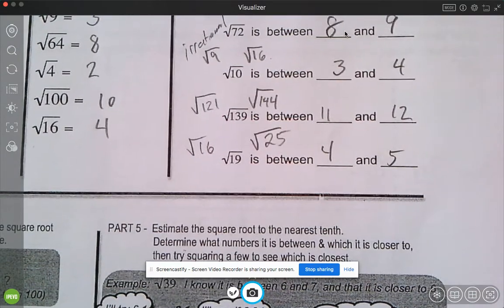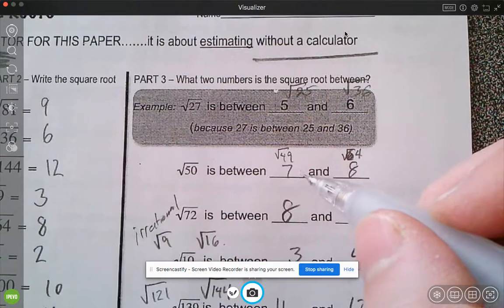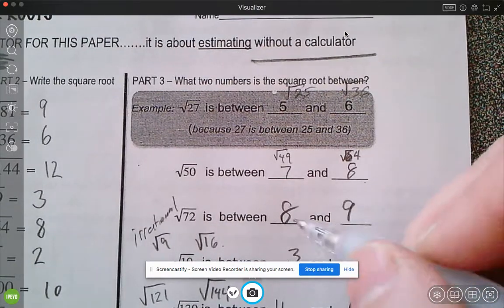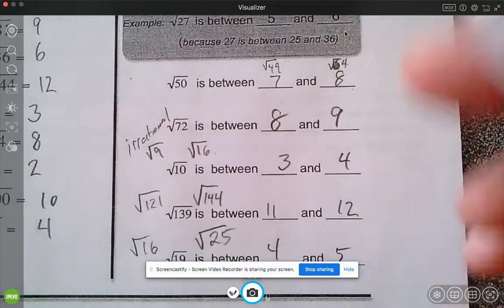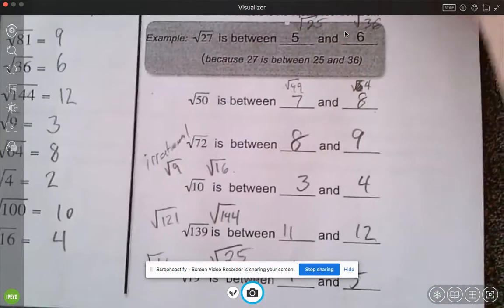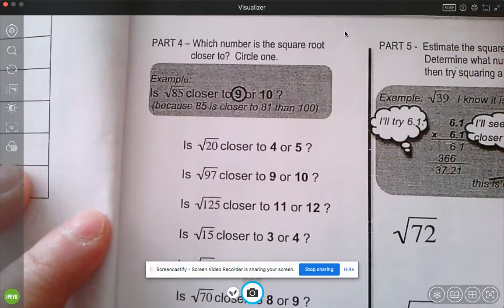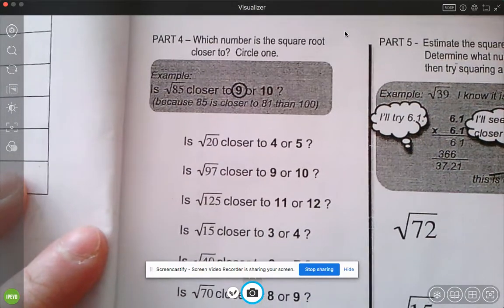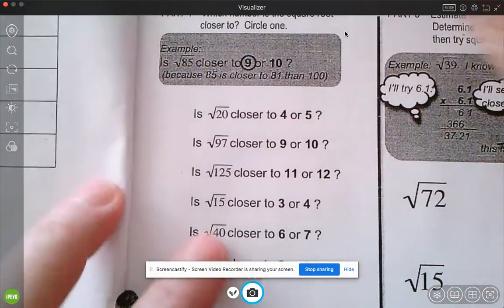All right, so that's the first step. Now I know that all these irrational numbers are some decimal between 7 and 8, between 8 and 9, between 3 and 4, between 11 and 12, and so forth. The next step is to decide which whole number it's closer to. Let's start with the example.